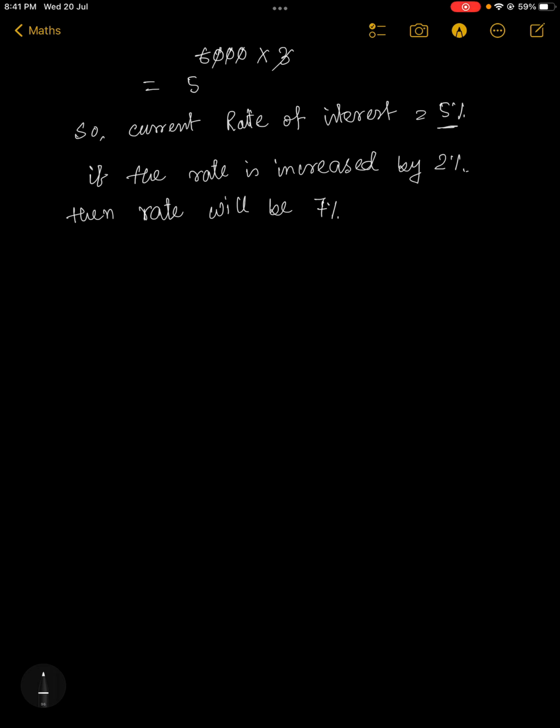Previously it was 5%, and it is asking what will happen if it is increased by 2%. So in that case it will be 5 plus 2, 7%.